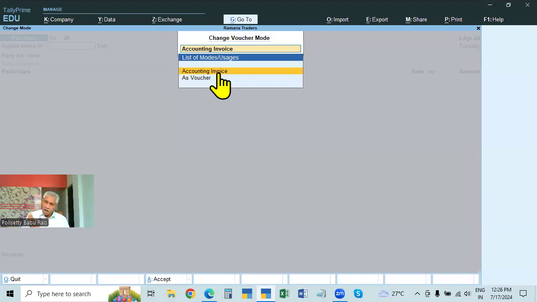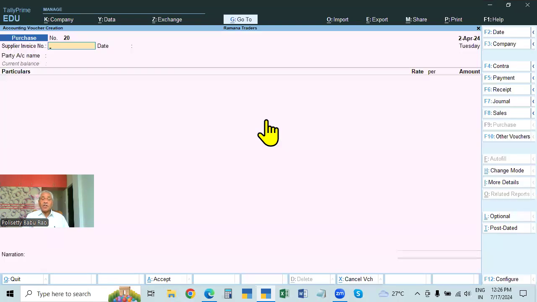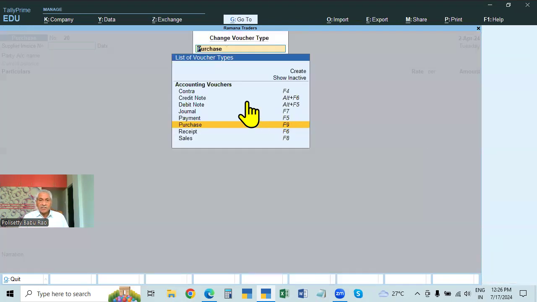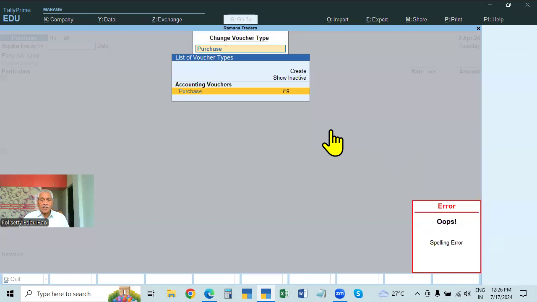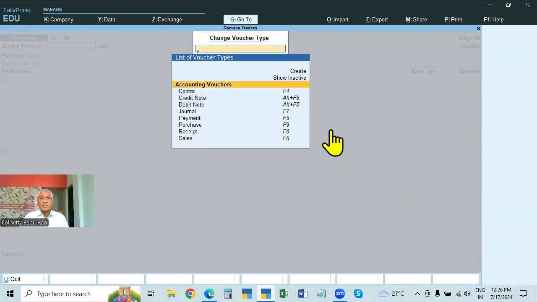For services it is a must. For goods we can use both, but we use the accounting invoice if we don't know the details of the goods. That we learned yesterday, including the debit note and credit note, which only involve goods.